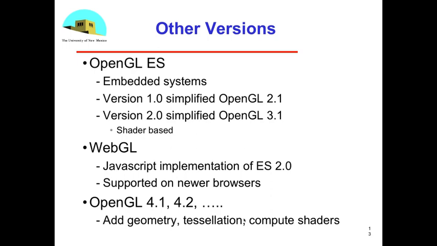There were other versions that came along during this time. Let me go down the bottom first. As hardware improved, OpenGL made some major changes, and in fact, if you look at how rapidly it's changing now relative to how slowly it changed starting with version 2, 2.1, 2.2, now it's being changed fairly often. I think we're on 4.3 or 4.4 now, because the GPUs are becoming so much more powerful.